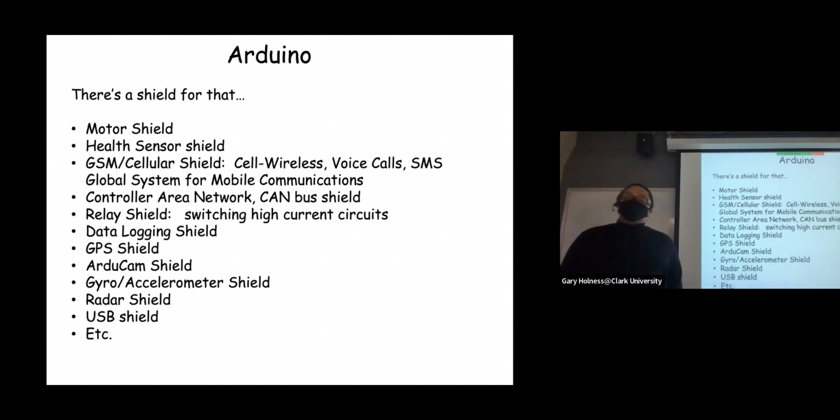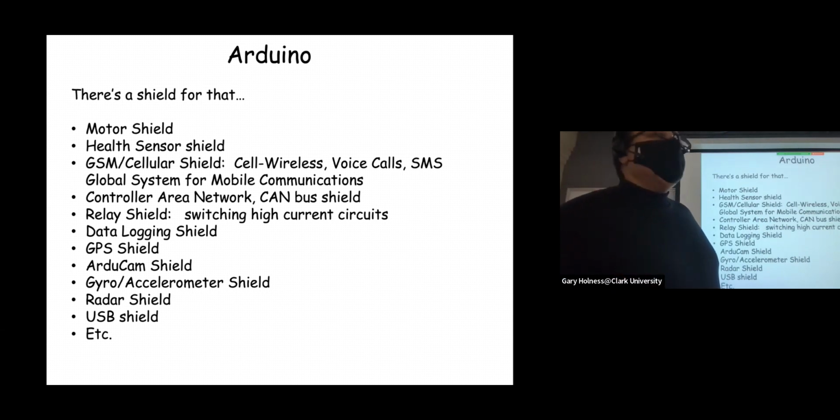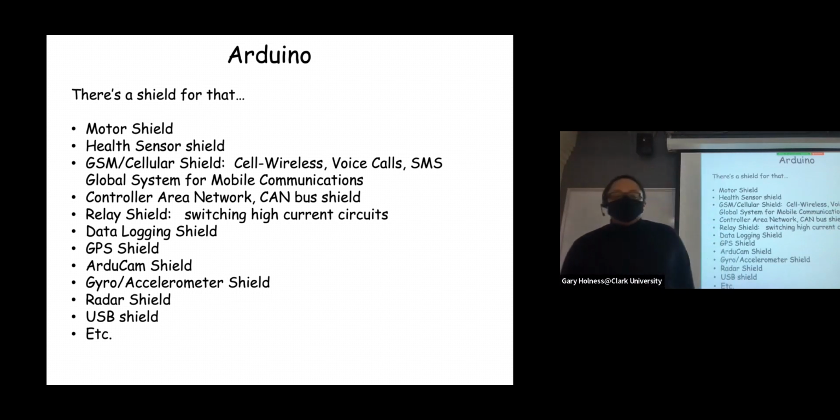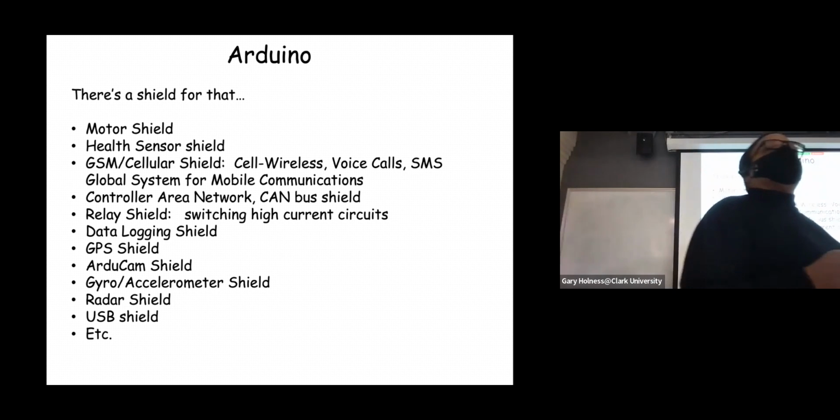And there's data logging. There's a GPS shield that will talk to the satellites and give you GPS coordinates. There's an accelerometer that can give you very sophisticated motion measurements. A radar shield, actually doing RF radar, USB shield, you name it, they have it, right? It's limitless. Anything you can think of, somebody has developed a shield for that.